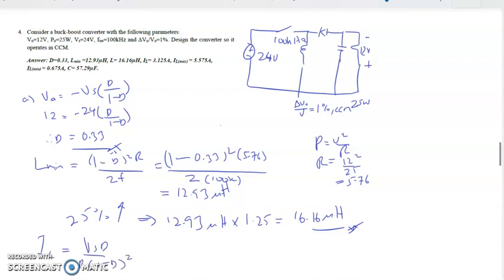Then we find the inductor average current, which is equal to Vs times D divided by R times (1 minus D) squared. So we have here 24 times 0.33 divided by 5.76 of that resistor value. So we get 3.06 ampere of average inductor current.